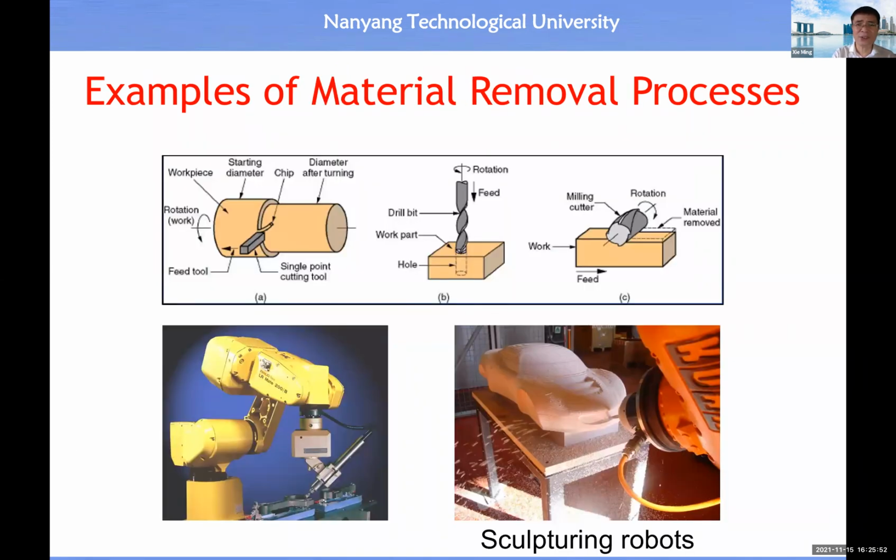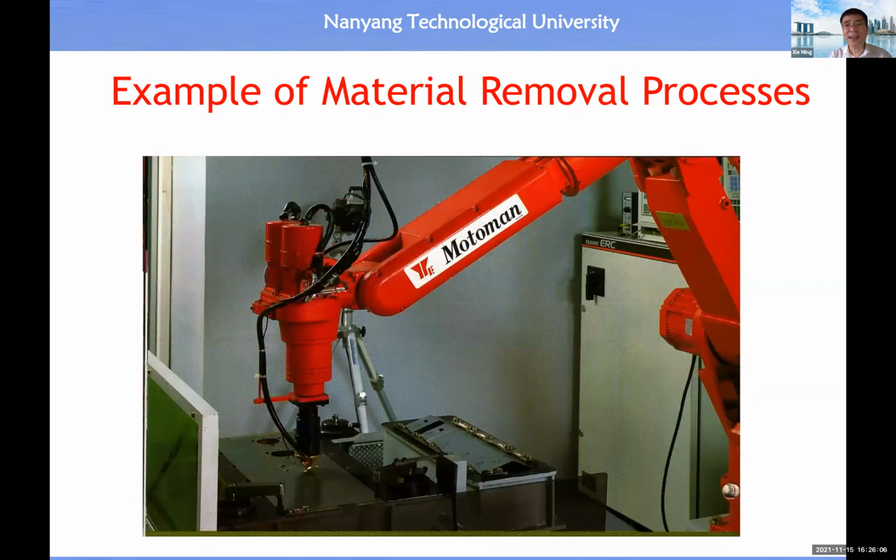And this shows you an example of a material removal process. We have turning, drilling, milling processes, and sculpturing process, etc. And this is cutting. This process also belongs to material removal process.